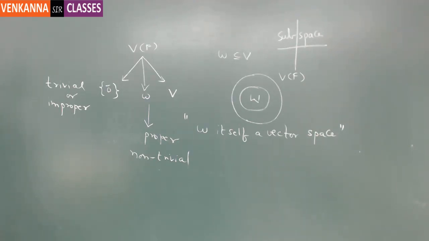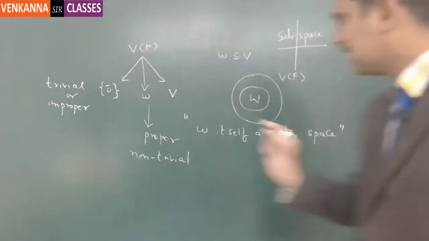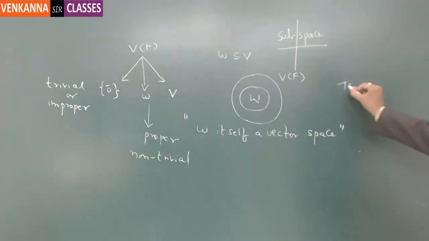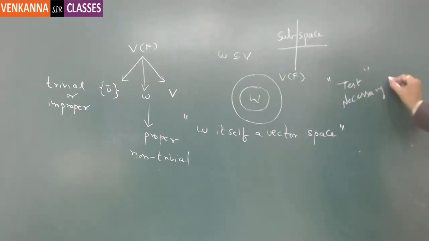Every time I would have to check that all the elements in the set satisfy the 9 conditions stated earlier. So to avoid that, some checking conditions or test conditions are given. They are called necessary and sufficient conditions. It is just like the implies and implied by condition, the if and only if condition.